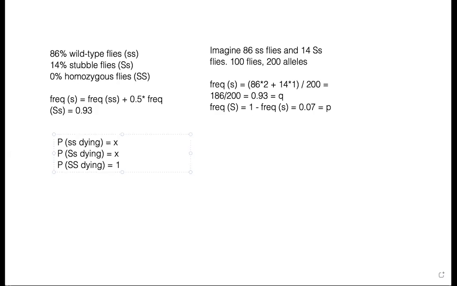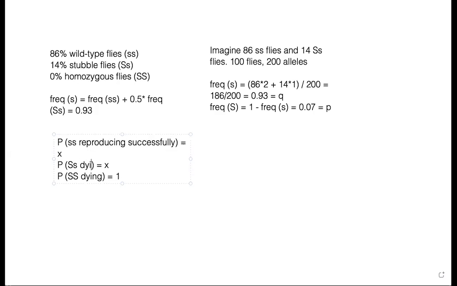I'm going to rethink that. Let's change that to the probability of a little s fly reproducing successfully. And that's some number that I'm going to call X.